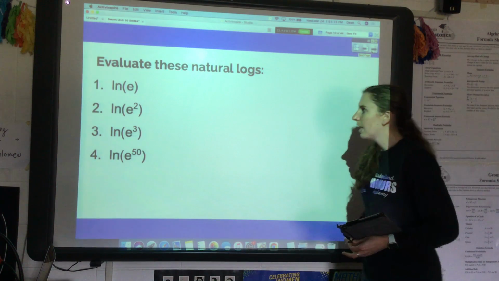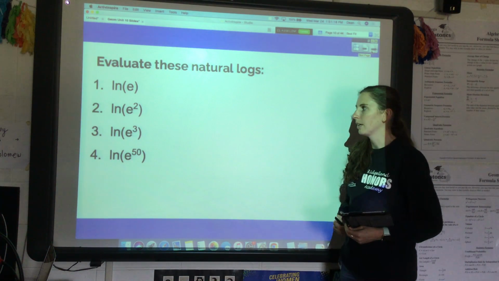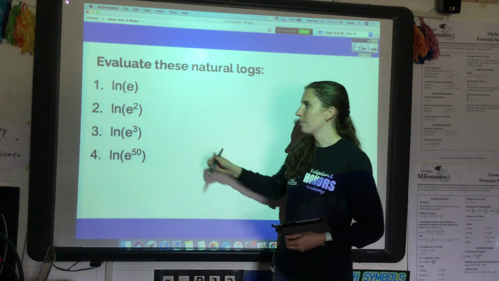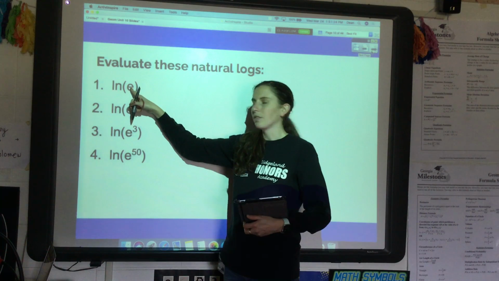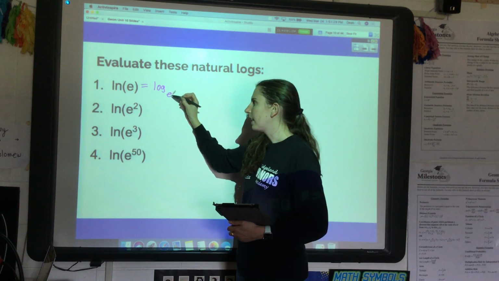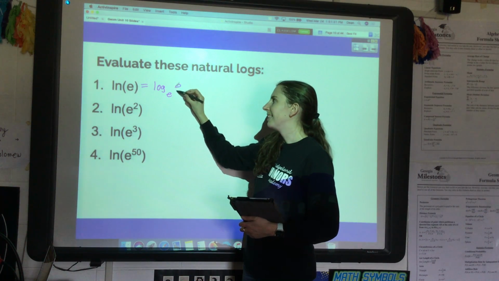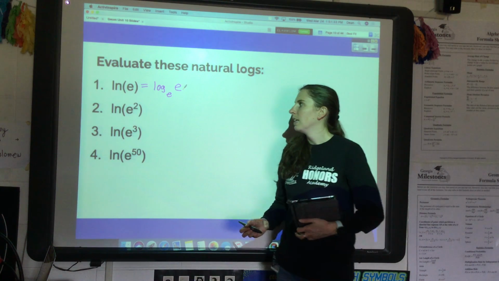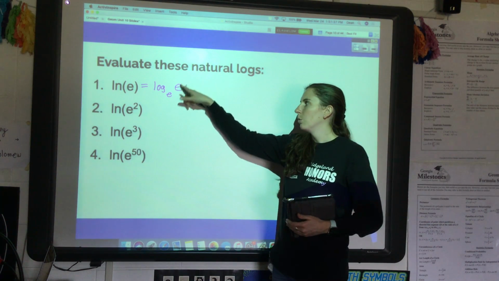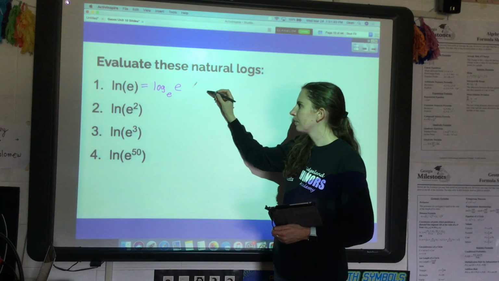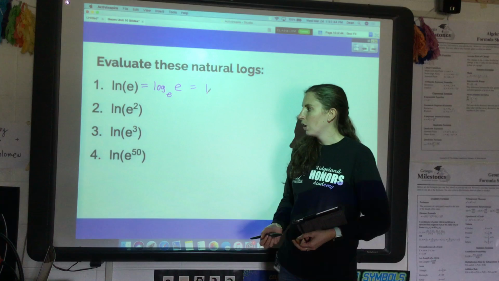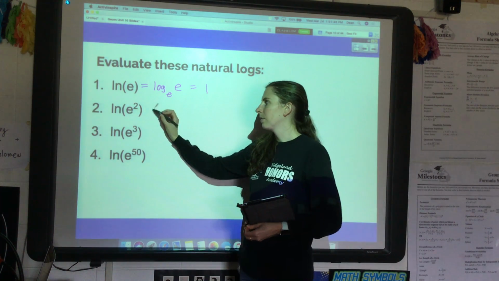All right, let me show you how natural log works a little bit. So, this is the natural log of E. Remember, this is really like saying log with a base of E, and then I'm putting E into the function. So, E to what power would give you E? That would just be 1. Or let's try this one.